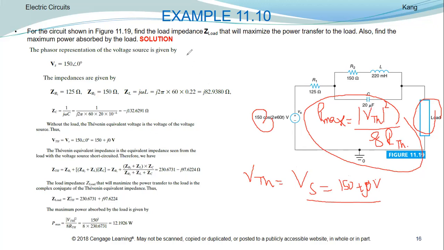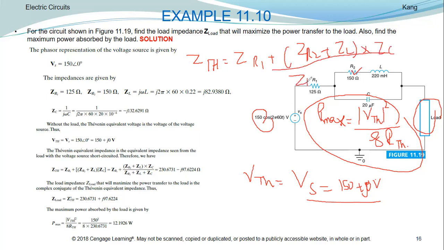So Z Thevenin equals ZR1 plus ZR2, this is the value of ZR2, plus ZL multiplied by ZC all divided by ZR2 plus ZL plus ZC. So from this we have to find this parameter.